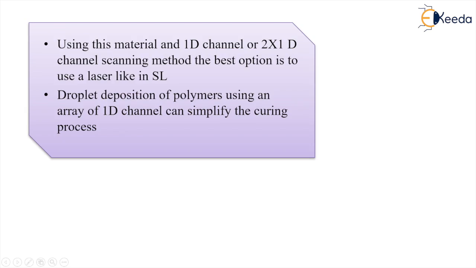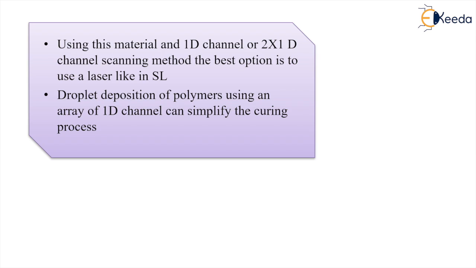So using this material and a one dimensional channel or 2 by 1 dimensional channel scanning method, the best option is to use a laser like in stereolithography. Next, we have the droplet deposition of polymers, using an array of one dimensional channels can simplify the curing process.